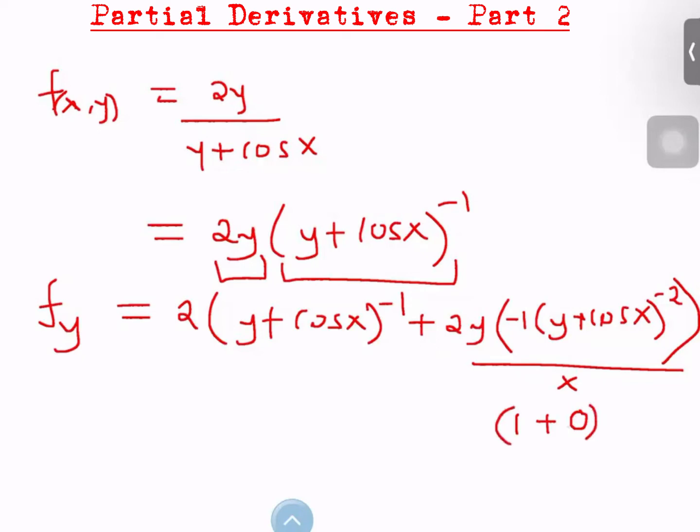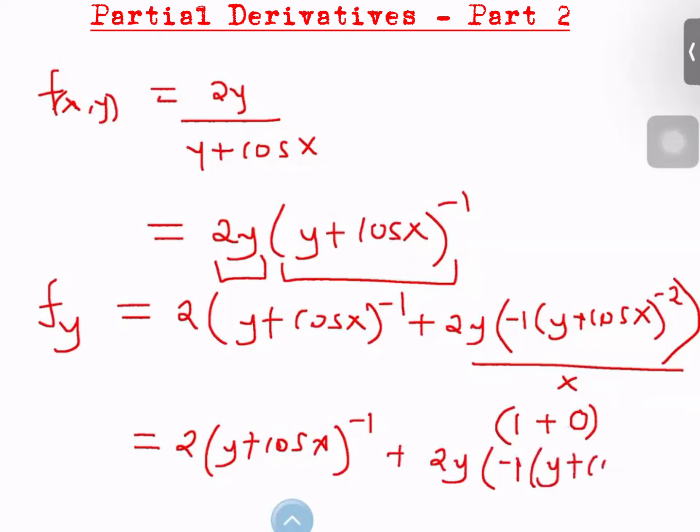And this is the same as 2 into (y plus cos x) to the power negative 1, plus 2y into negative 1 into (y plus cos x) to the power negative 2, and then we multiply by 1. Yeah, so it's like that.